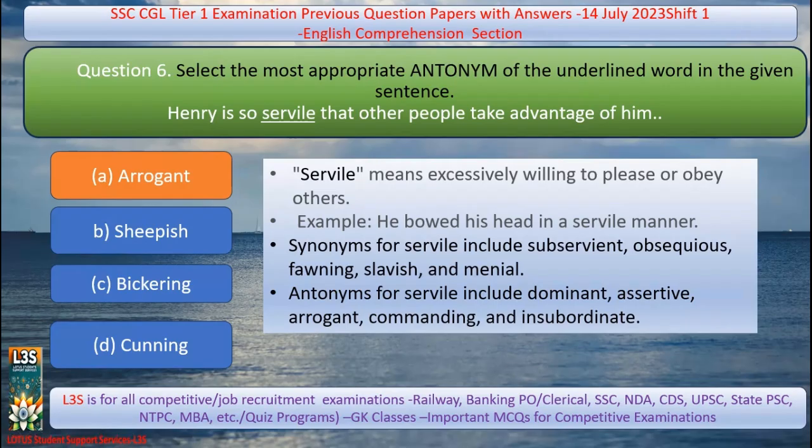Example, he bowed his head in a servile manner. Synonyms for servile include subservient, obsequious, fawning, slavish, and menial. And antonyms: dominant, assertive, arrogant, commanding, insubordinate. So here arrogant will be the right option.